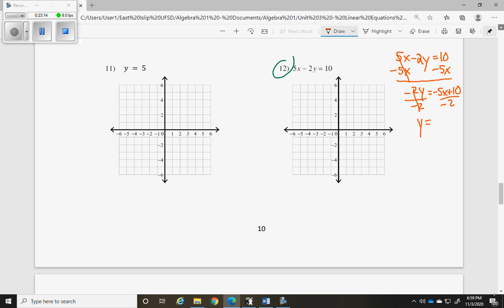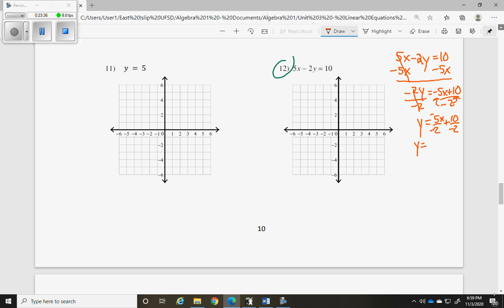I'm going to show all my work. This negative 2 goes with both of these. So I should write it as negative 5x over negative 2 plus 10 over negative 2.